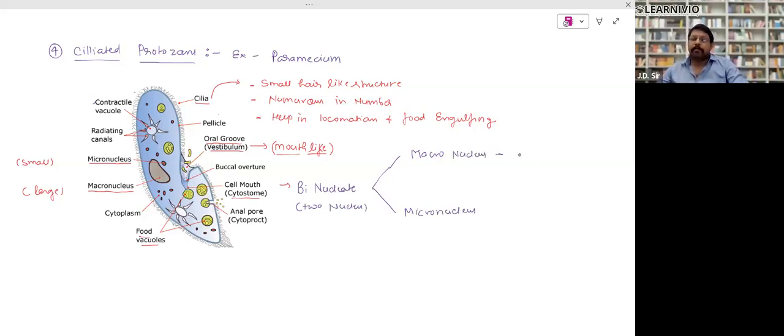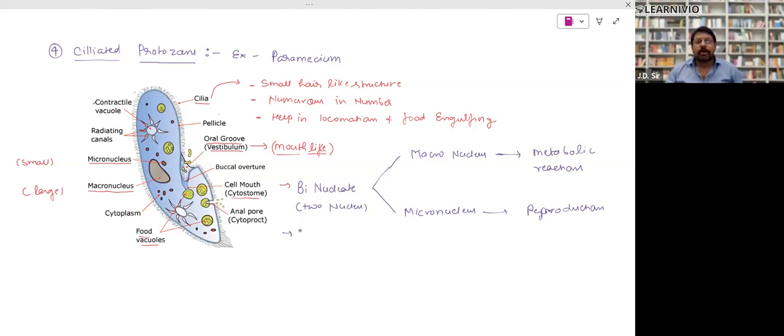Macronucleus is meant for metabolic reactions, right? It is responsible for metabolic reactions. Micronucleus is meant for reproduction, right? So there are two kinds of nuclei, and one is responsible for running the metabolic reactions, another is responsible for reproduction. So that is a peculiarity of paramecium.